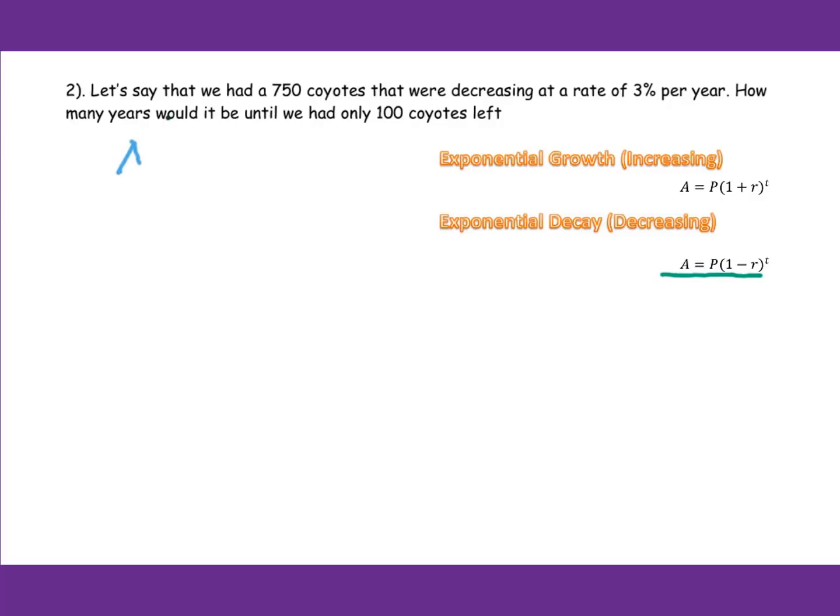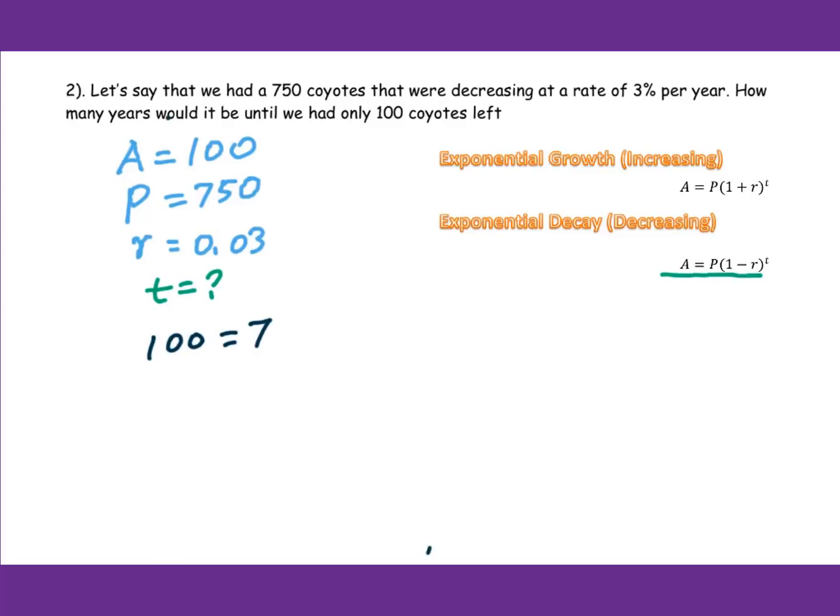We are given A equals 100, P equals 750, R equals 0.03. We're looking for T. So plug in, we got 100 equals 750 times (1 minus 0.03) to the T's power. We organize this one, we got 0.97 to the T.